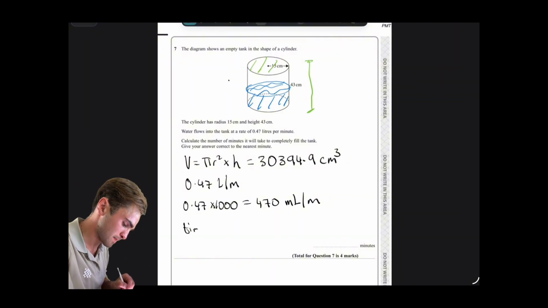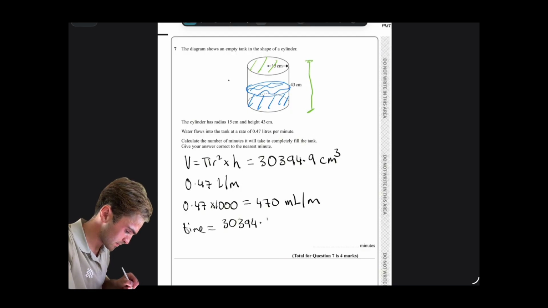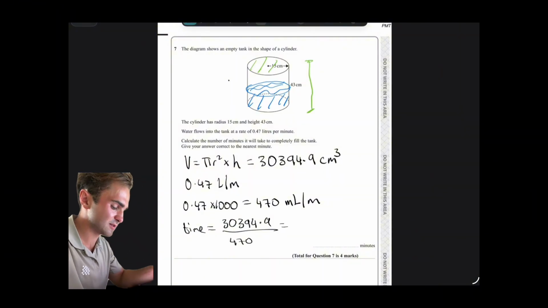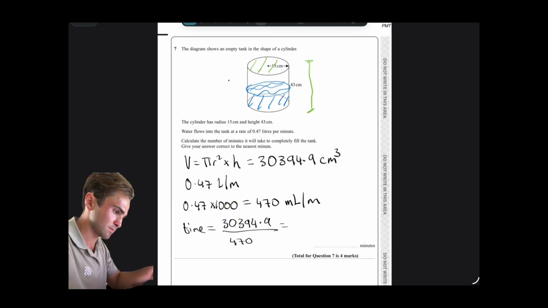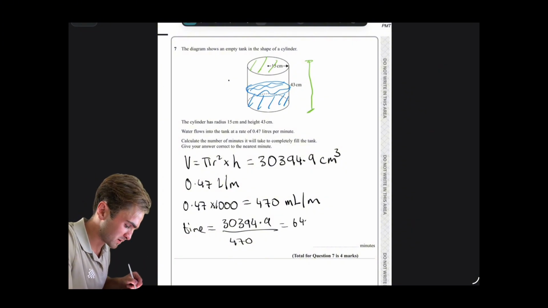Our time equals our volume divided by our rate of water in millilitres. And this is because the millilitres unit is agreeable with the centimetres unit. They match up. So we get 64.67 minutes.